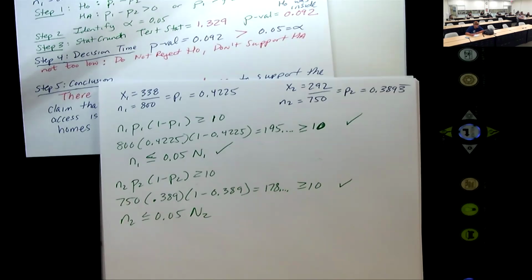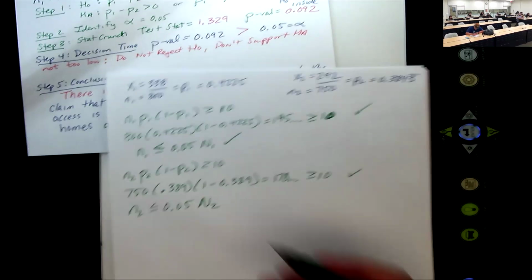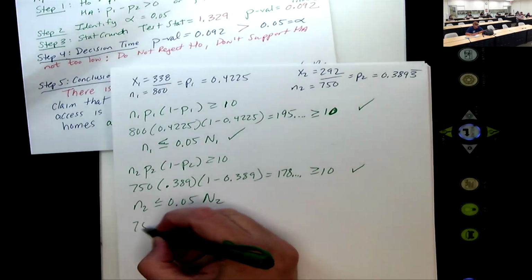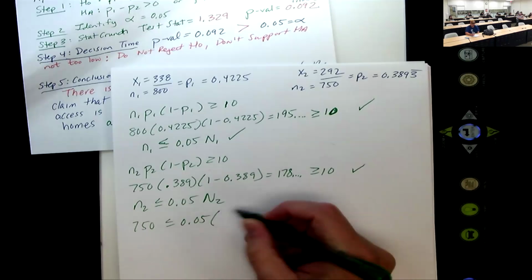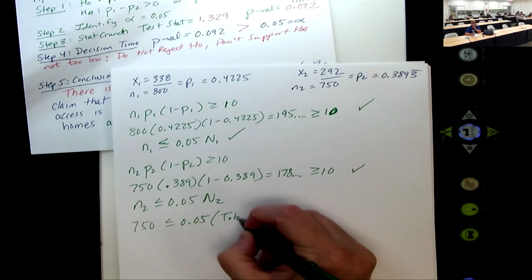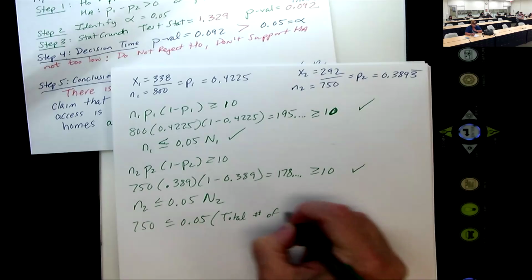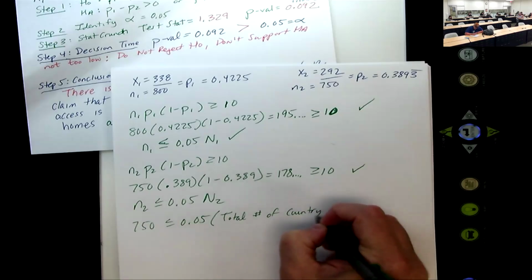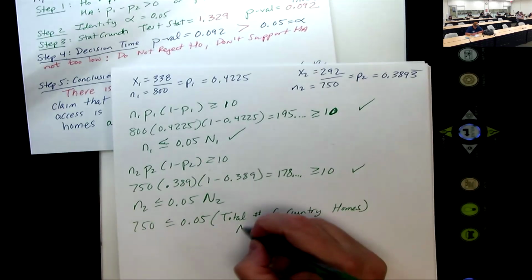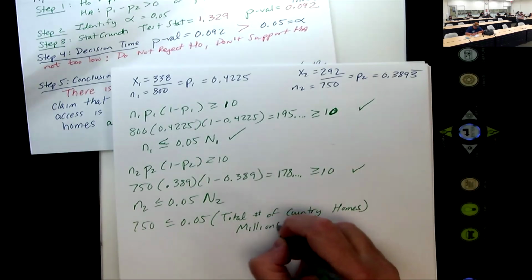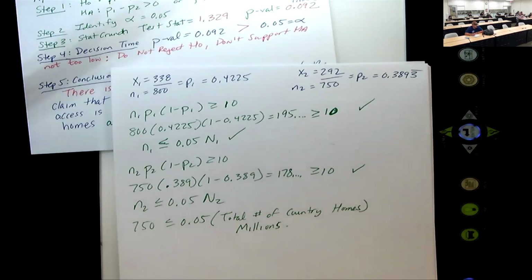Yeah, one more? You repeat that N2 is less than 0.05? Yeah, this one is 750 less than or equal to 5% of the total number of country homes. I have no idea what this number is, but I'm sure it's in the millions, and 750 is definitely less than 5% of a million.